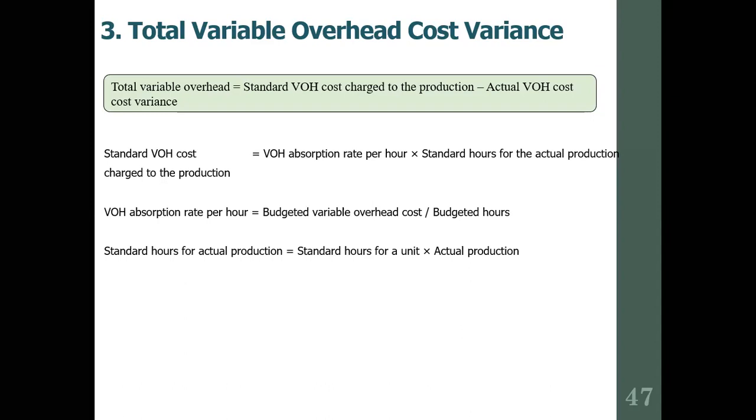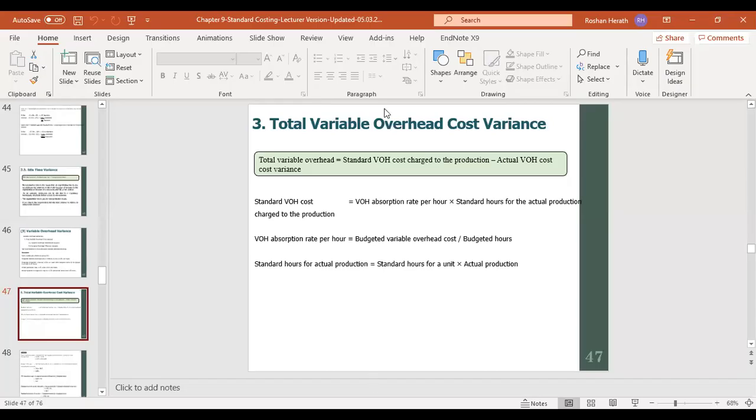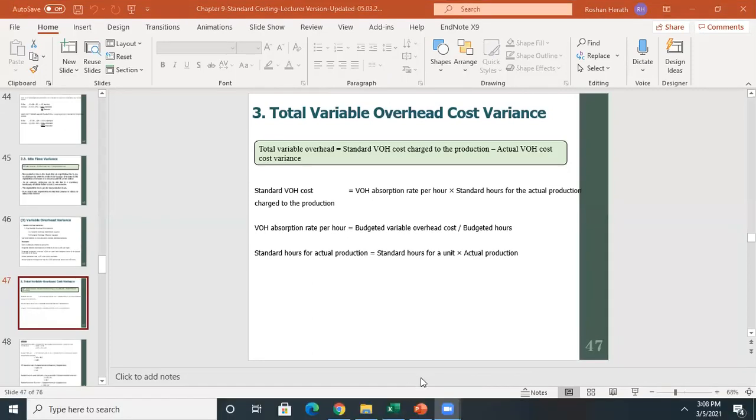Then you are going to compare that with the standard variable overhead cost. The actual variable overhead cost is compared with the standard variable overhead cost. Simply putting, the easiest way to get used to this is that it's all about comparison with the standard.